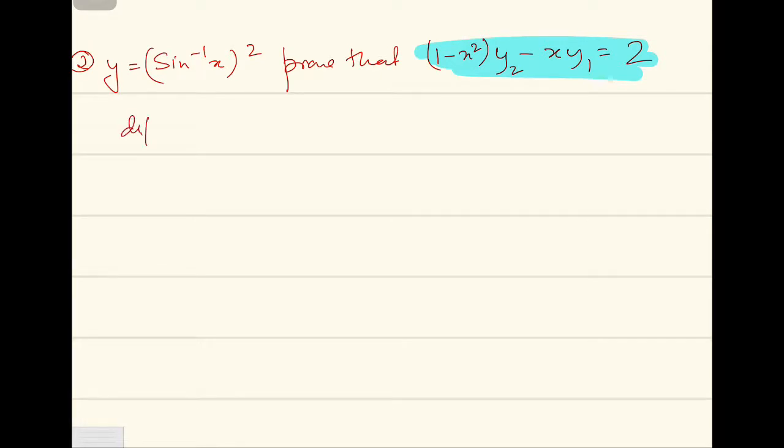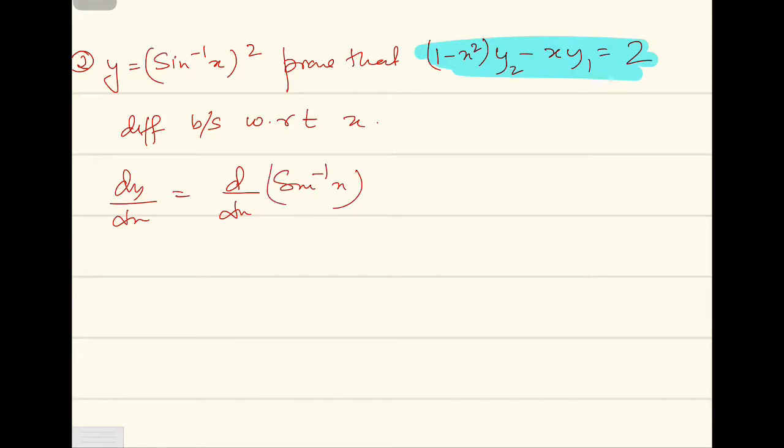So I'll write, differentiating both sides with respect to x. Correct? So dy/dx equals d/dx of (sin⁻¹x)². Let's follow the chain rule. It will be 2 sin⁻¹x into again d/dx of sin⁻¹x.